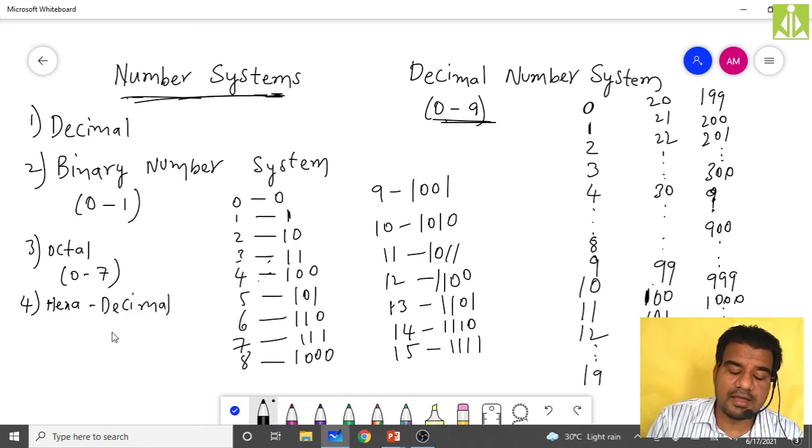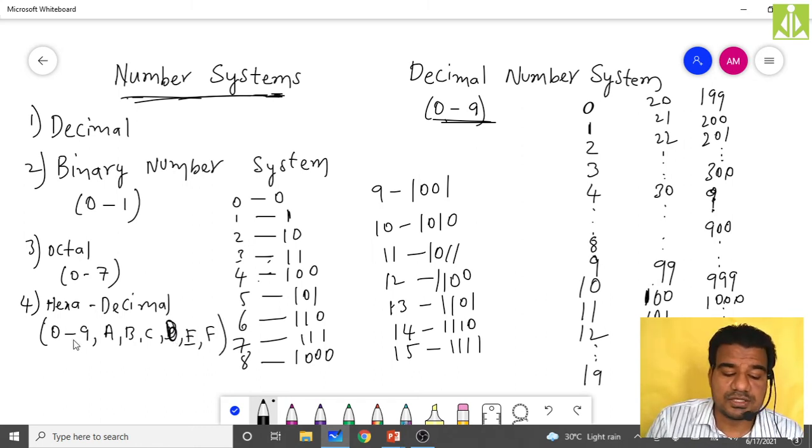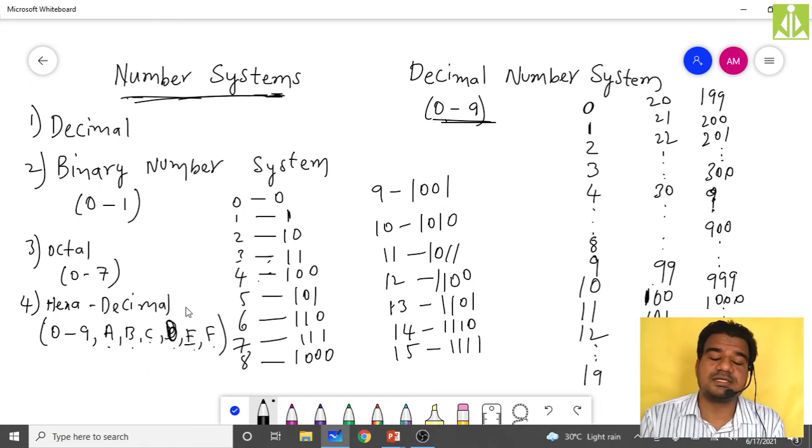And here we'll have 16 digits: 0 to 9, followed by capital A, B, C, D, E and F. Like 16 digits we will be having in the hexadecimal number system.